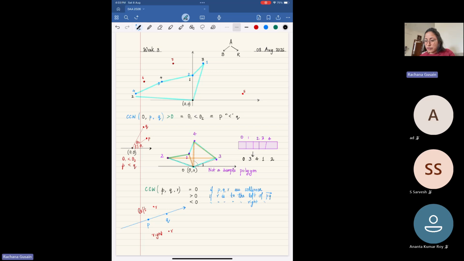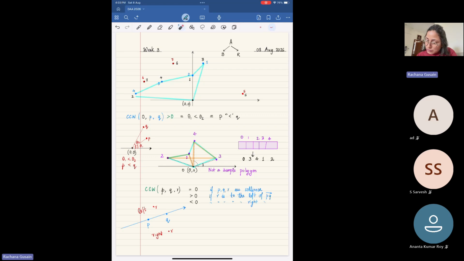Okay, ma'am. So similarly, we will sort the red set of points. Initially the red points had indices: this one was at index 5, then 6, then 7. After sorting, this remains at 5, this becomes index 6, and this is at index 7.